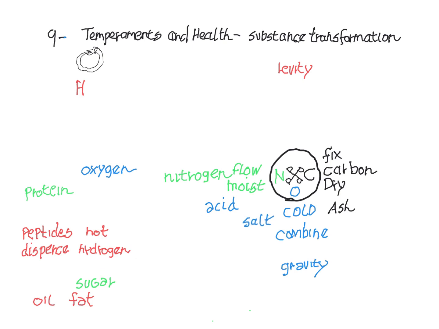So the salts in water and moisture begin to exhibit the quality of acids, and acids then interact with things like nitrogen and proteins, and in other situations where they're not interacting with nitrogen, they create what are known as sugars. So starting with carbon in its fixed quality, the ash falls down into cold, into the realm of oxygen, and things begin to be combined.